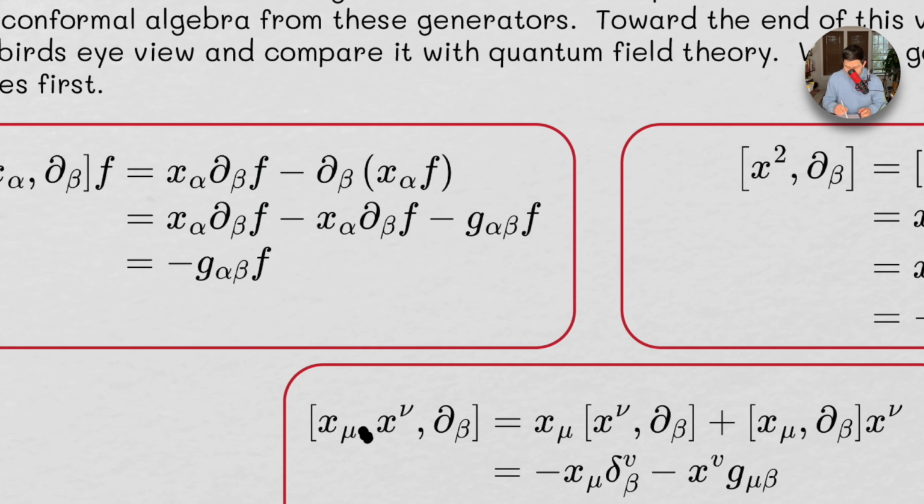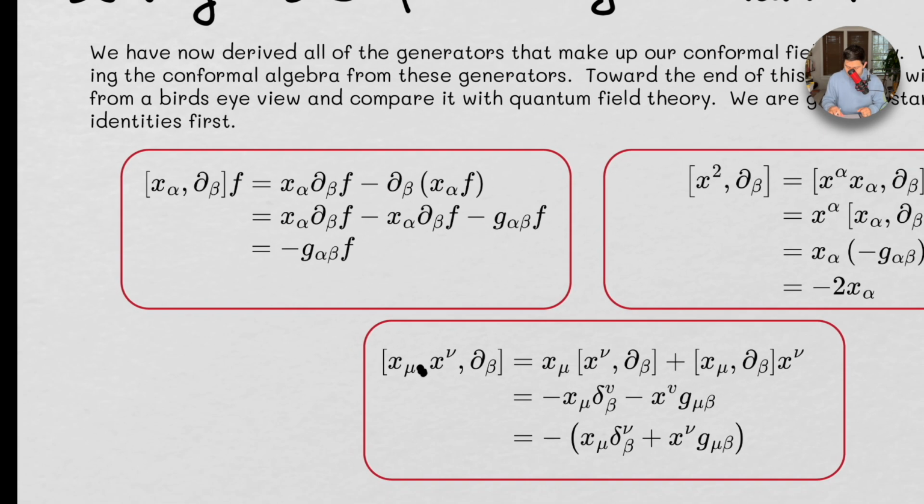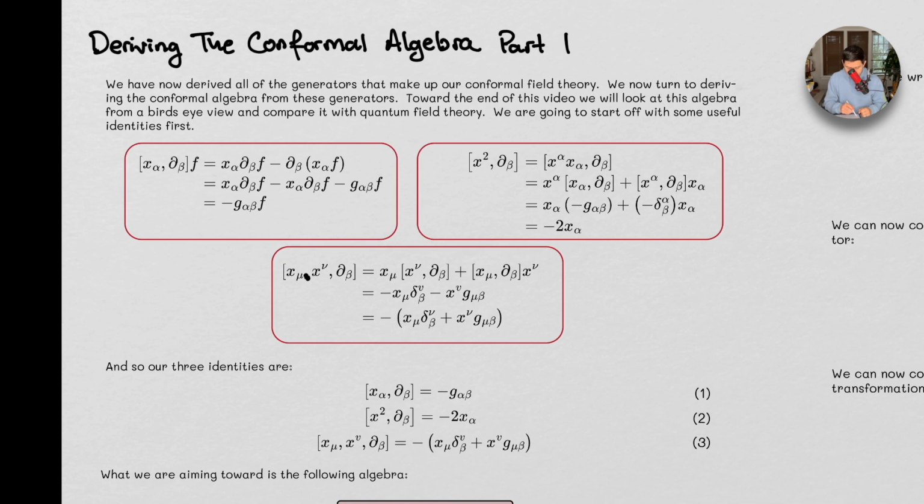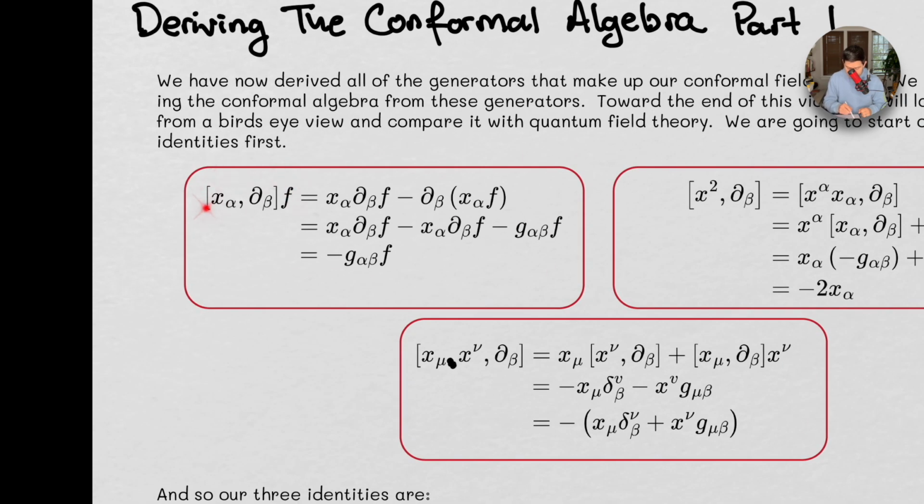When they're not the same, that's like taking the derivative in some orthogonal direction, and we want that to be 0. So most generally, we name it the metric tensor here. So we have this, and then this, we just get this, right? Because this minus this is just 0. So that's one identity: this guy here is equal to this. So this commutation relationship operating on f is just equal to the negative of our metric tensor operating on f. F is, again, just a dummy function.